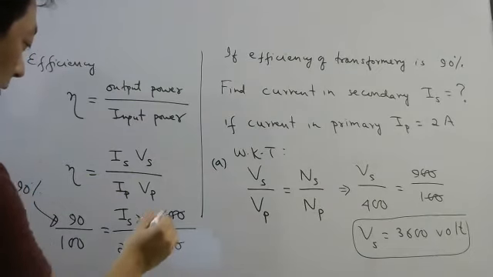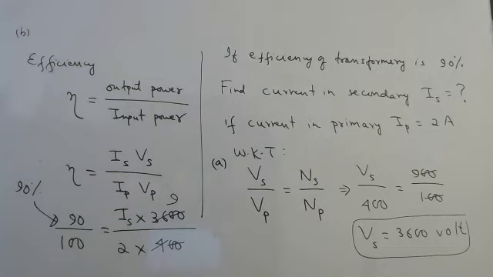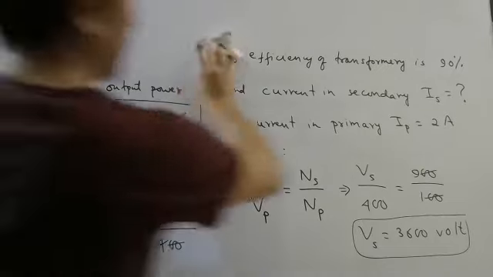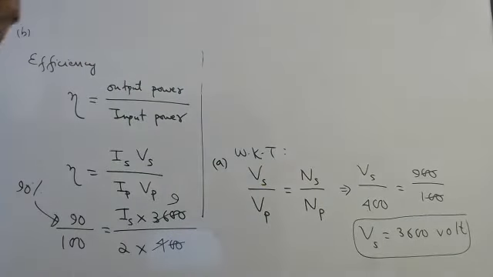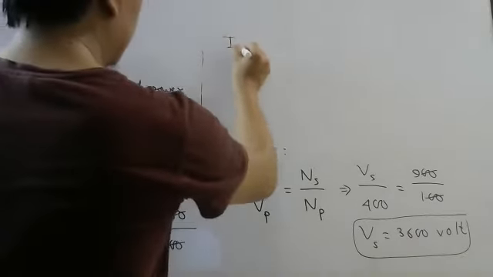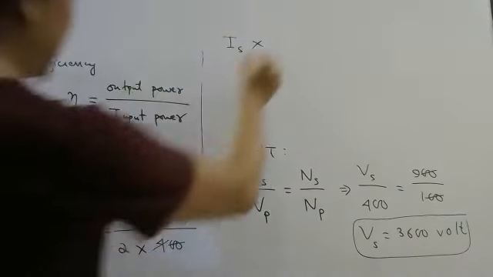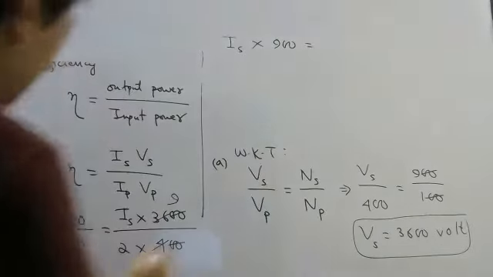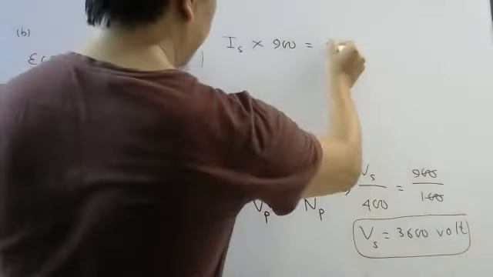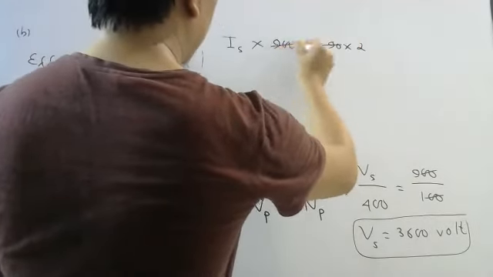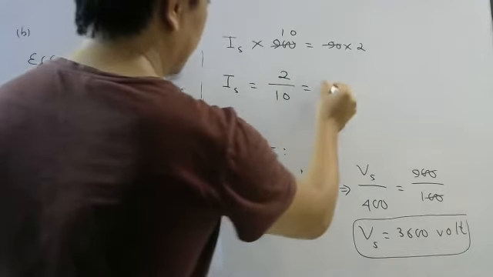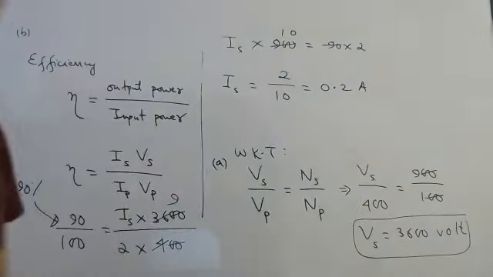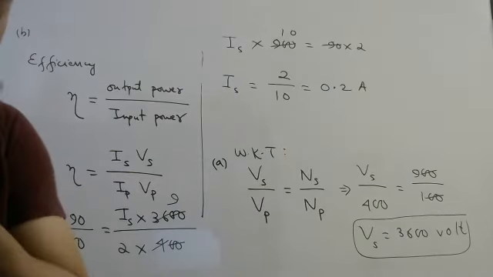So this will be 9. If you cross multiply, here you will get IS into 9 into 100, 900. And here you will get 90 into 2. So this will be 90 tens. So IS will be 2 by 10, 0.2 ampere. Check once, students, correct or not correct?